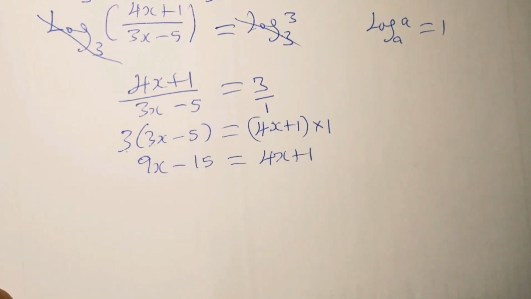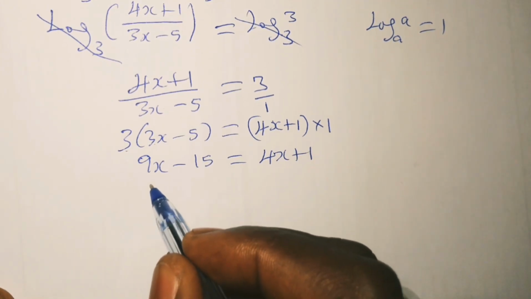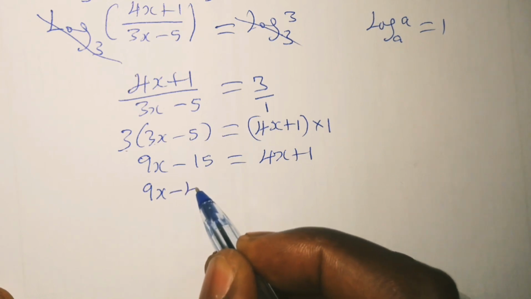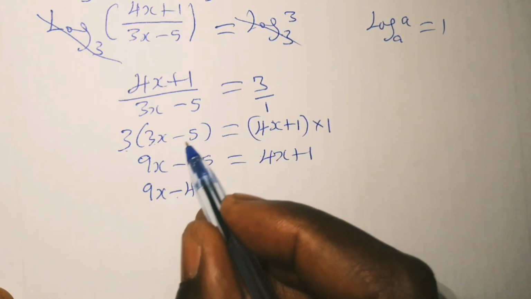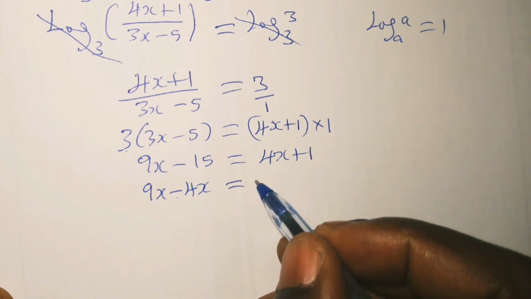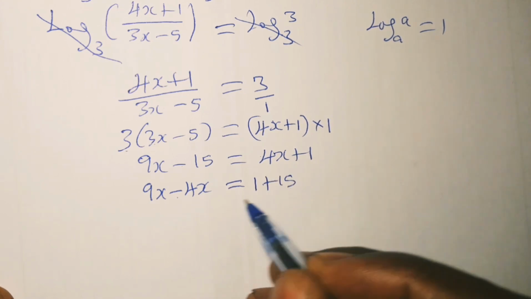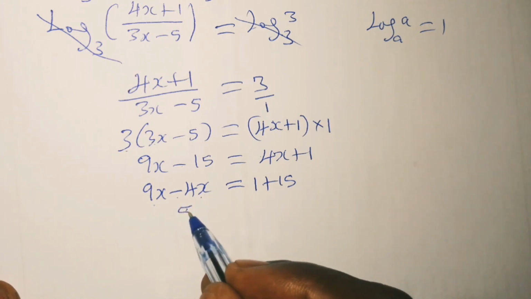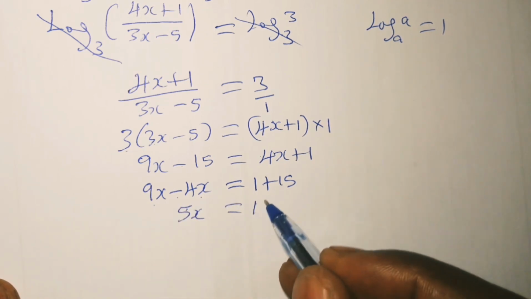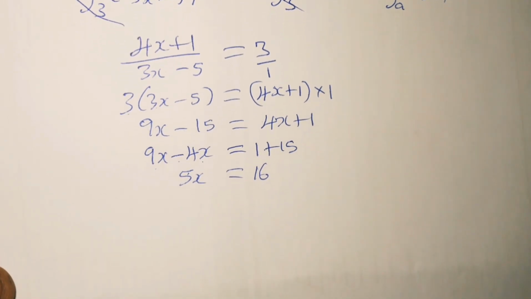The next thing we'll do is to collect like terms. We have 9x minus 4x, because this is plus, when it comes here it will be minus. This is minus, goes there, it will be plus, so 1 plus 15. When we subtract, we will have 5x equals 16.